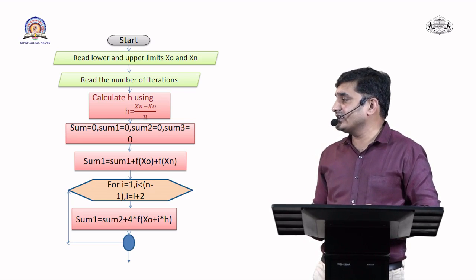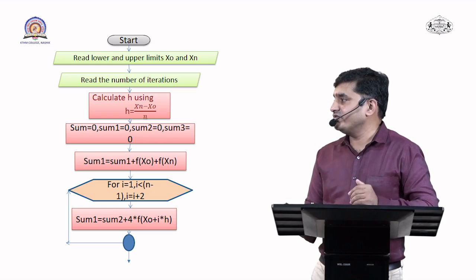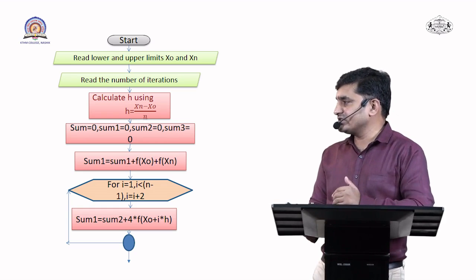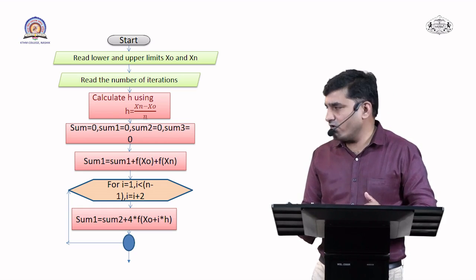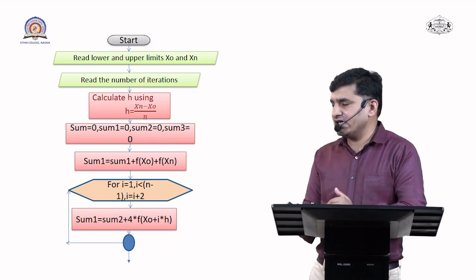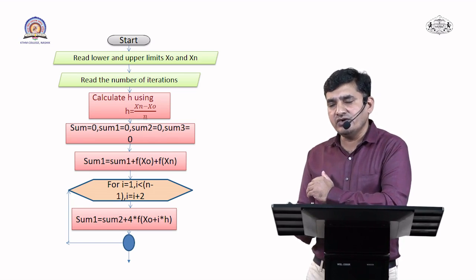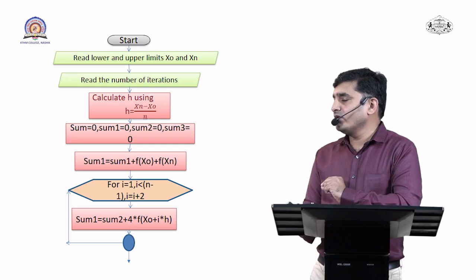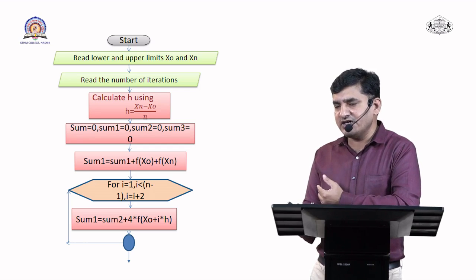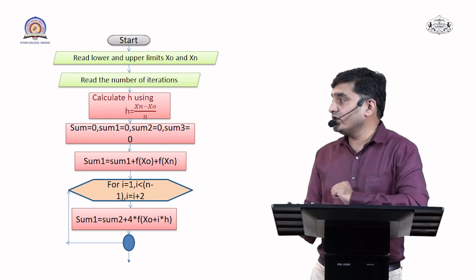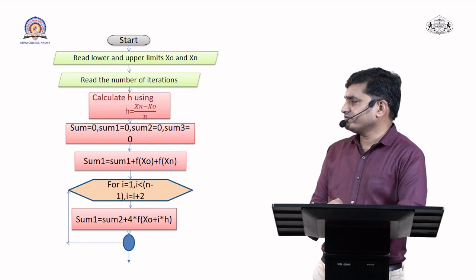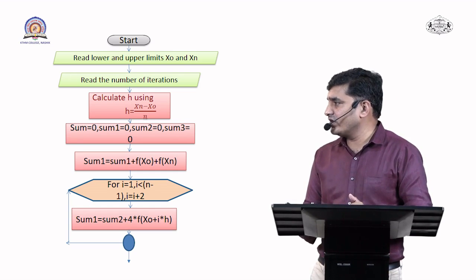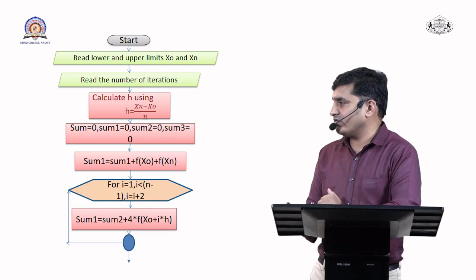If this condition is satisfied, then find sum 2 is equal to sum 2 plus 4 f of x0 plus I into h. That is, 4 into f of x0 plus I into h represents all odd terms. This process is carried out up to which I is less than n minus 1.